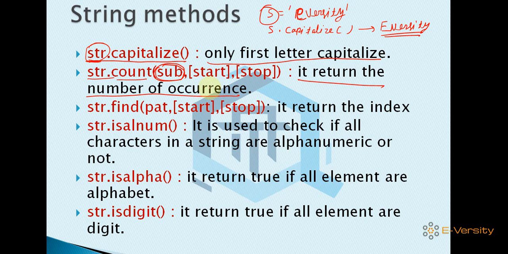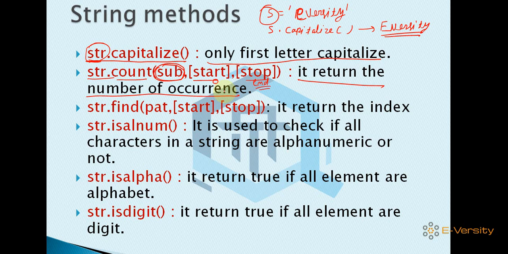What does optional mean? If anything is optional, that means it has some default value. Start and stop are optional, so they have default values. If you want to override them, you can, otherwise it takes the default value. The default value of start is 0, and the end is the length of the string.